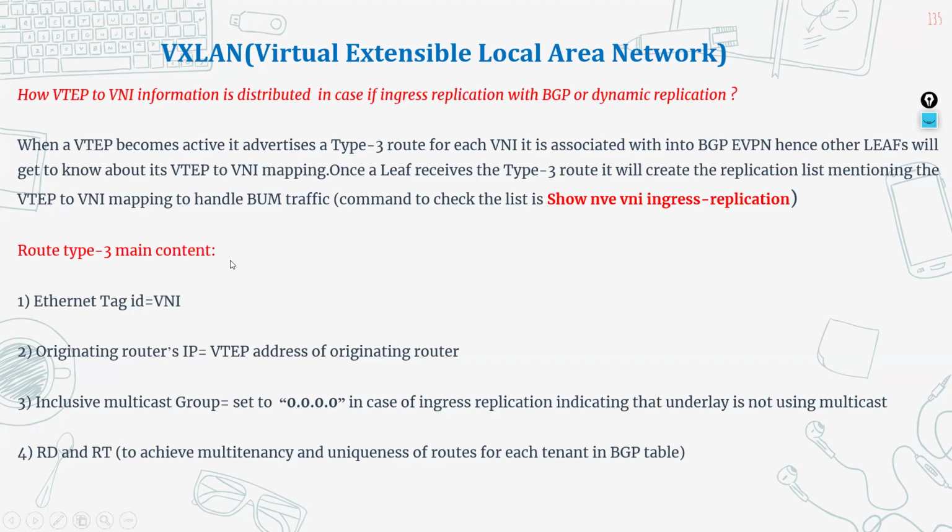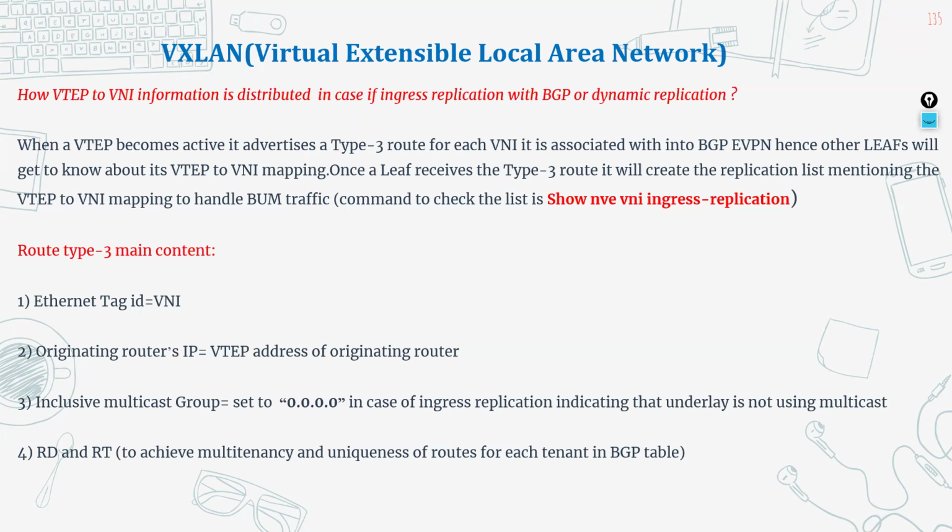The main content of route type 3 will be the Ethernet tag ID, that will be your VNI ID, the originating router's IP or the VTEP address of the originating leaf switch, then the inclusive multicast group. So far we did not discuss multicast, but we can also leverage multicast.